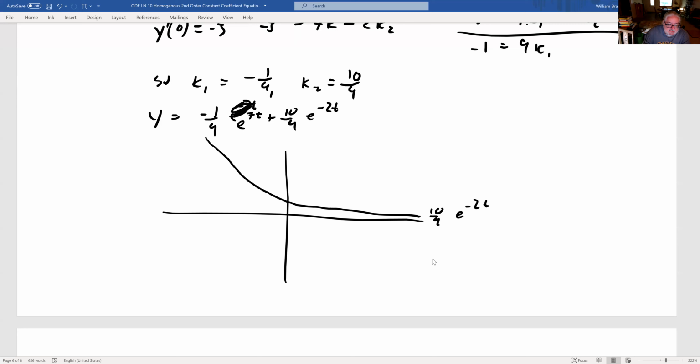Minus 1/9 e to the 7t will look something like that, because it's a minus 1/9 e to the 7t, so it's flipped over the x-axis.